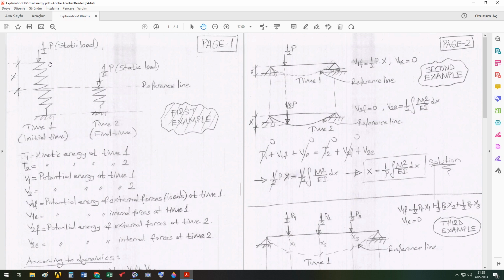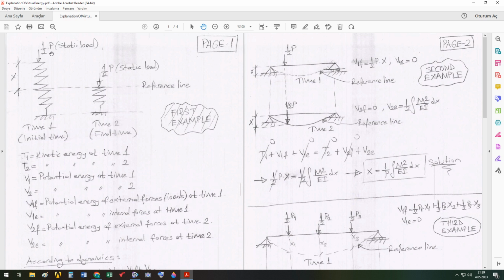And since it's structural mechanics and analysis, all loads are static loads. That means they are applied gradually, slowly. So the average load value is 1/2 of the final load value.